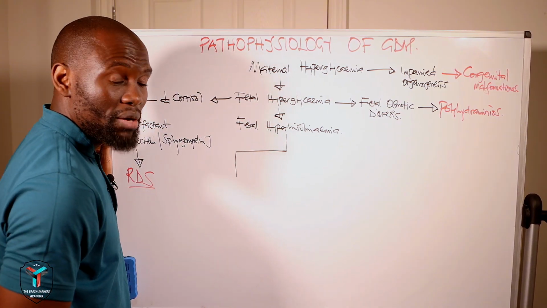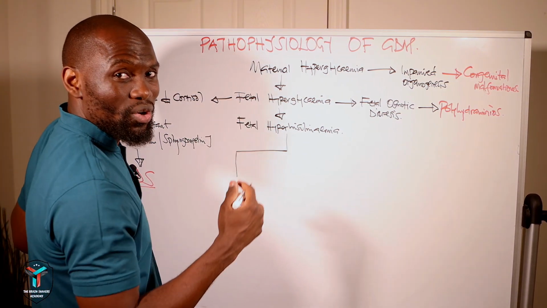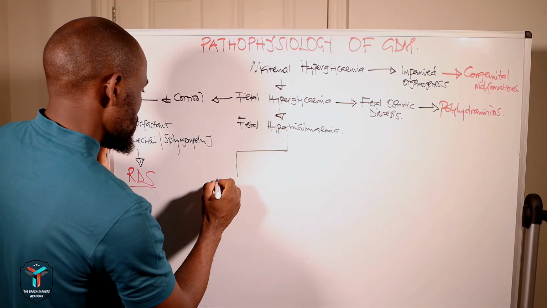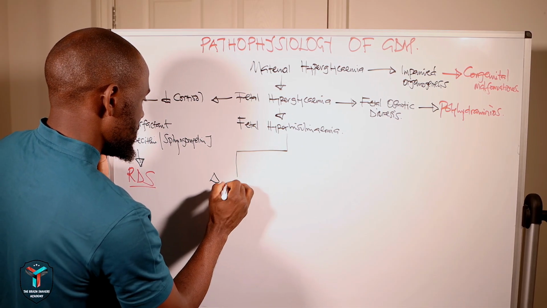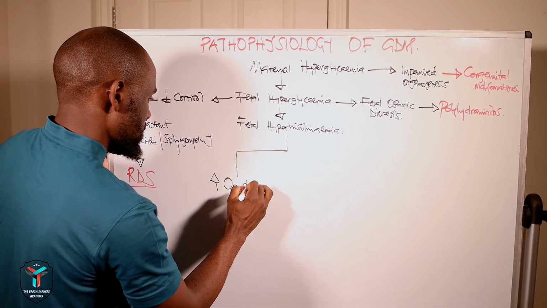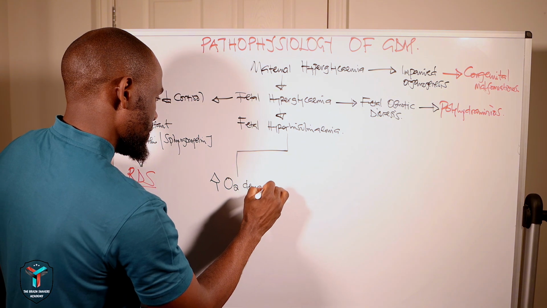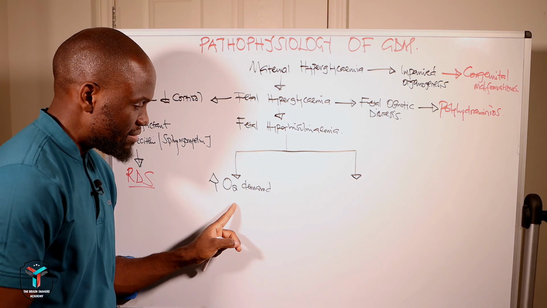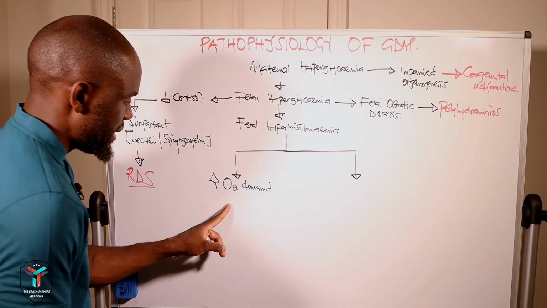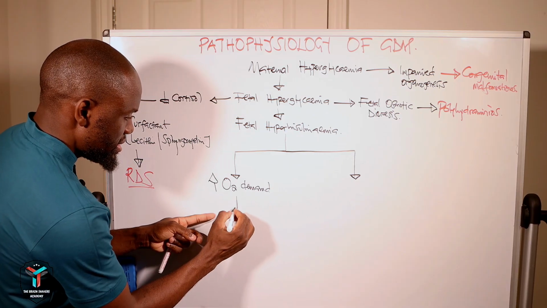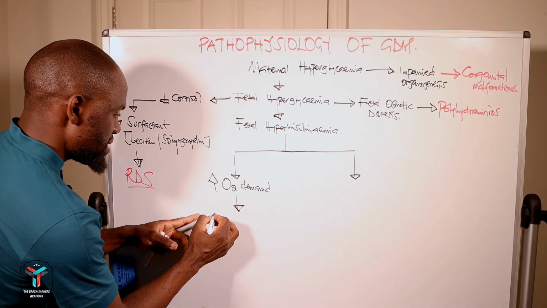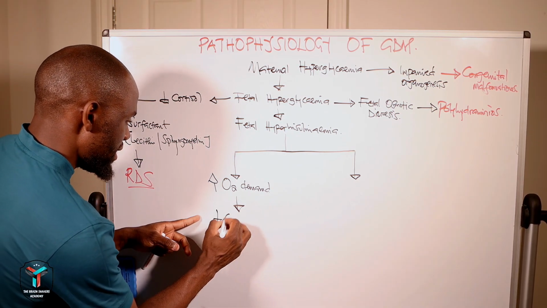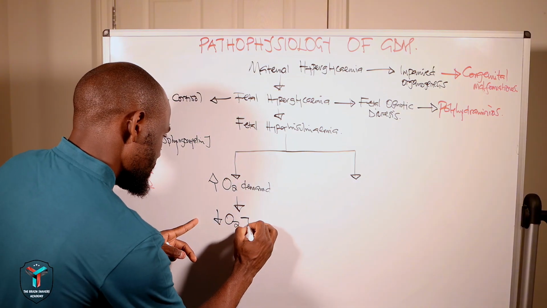it is going to bring about an increase in the oxygen demand. So we have an increase here in the oxygen demand. When we have a higher oxygen demand, it means that there is going to be an end result of a reduction in the oxygen tension.